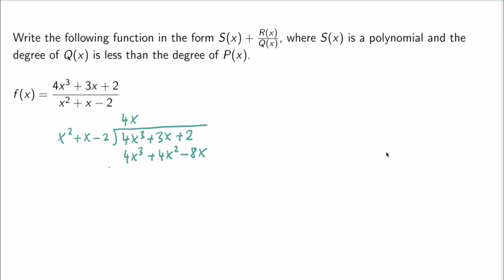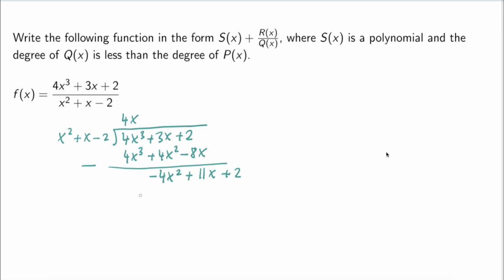And then we have to subtract those two lines. So we do a minus sign in front of this line here. The x cubed terms cancel. Then we get 0x squared minus 4x squared. So we get a minus 4x squared. And then the x terms, we have 3 minus minus 8, which is 3 plus 8, which is 11x, and then the plus 2 from the top.